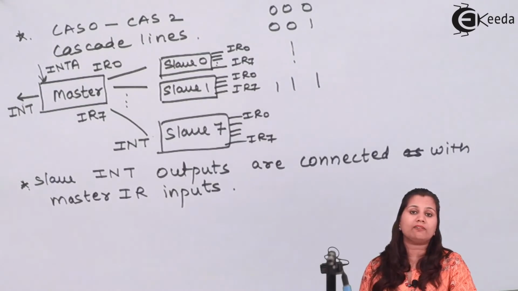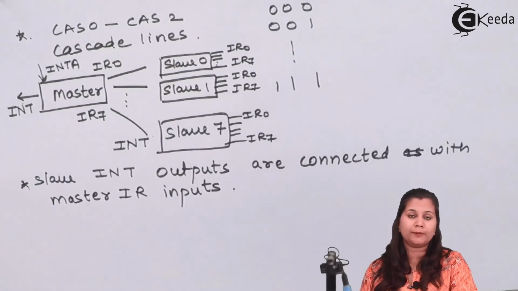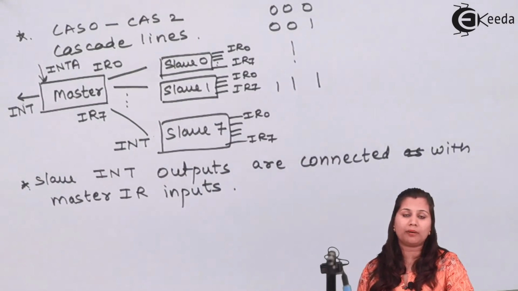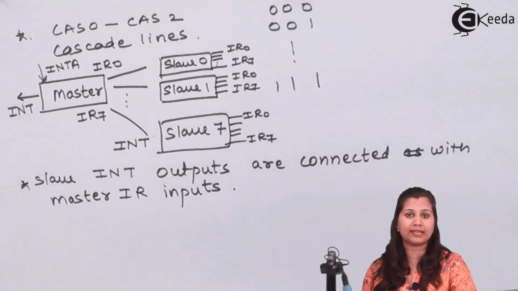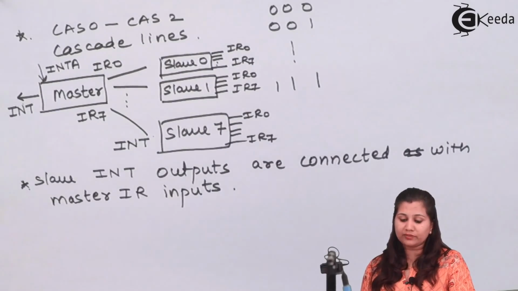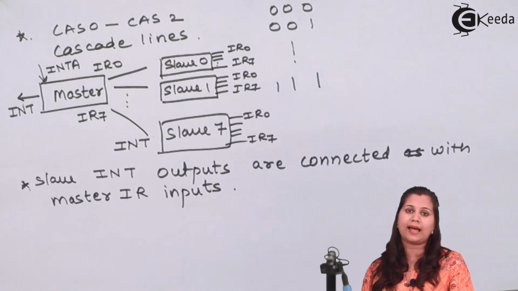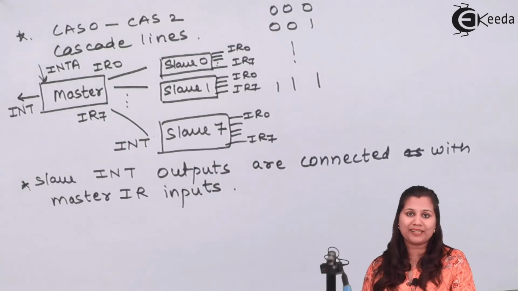Then we have special mask mode, special fully nested mode, edge and level triggered mode, poll command mode, buffered mode, and cascade mode. So there were 12 various modes of operation of the 8259, and these modes can be set or reset by using the initialization command words and the operational command words of the 8259. I hope that this topic is clear to you.